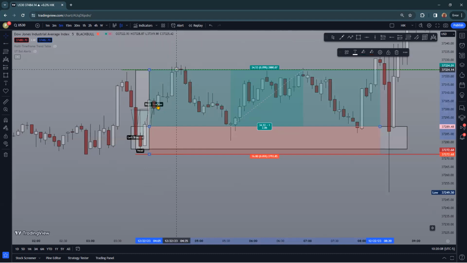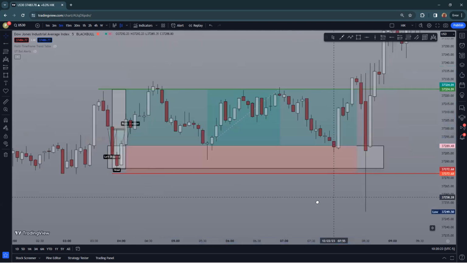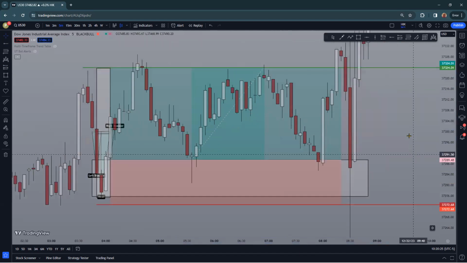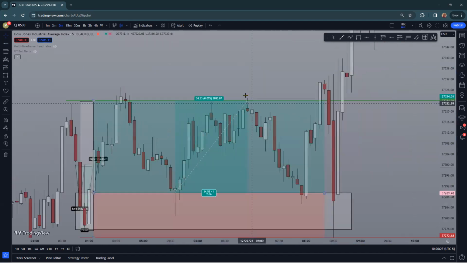If you miss entering the trade on the right shoulder, you wait for the retest and you would have entered over here, and it hits your TP right there on this candle. Okay, so this is a profitable trade. See, it hits your TP right there.